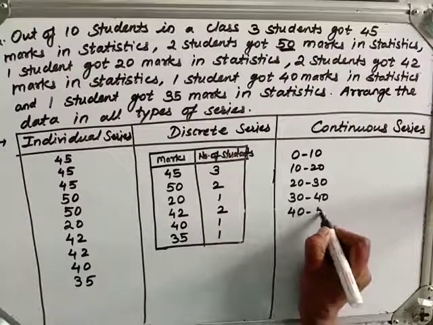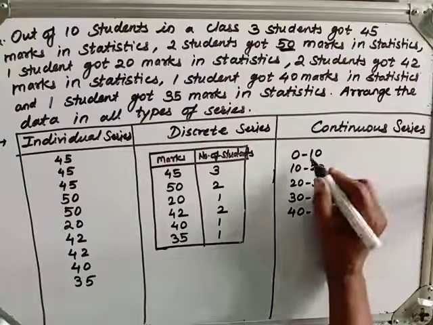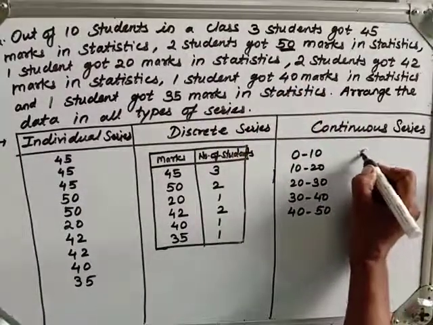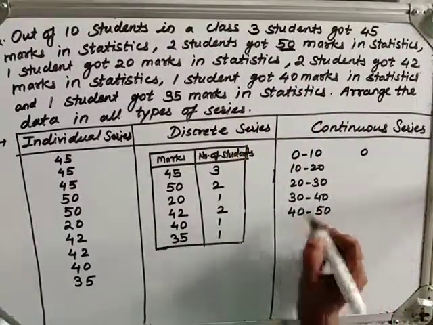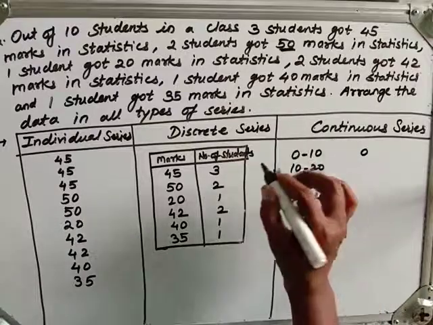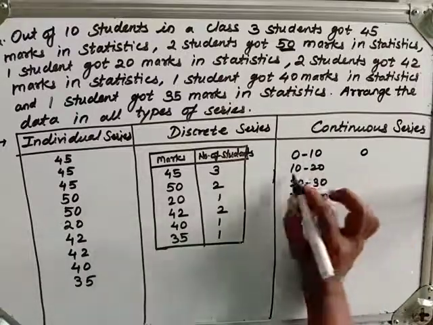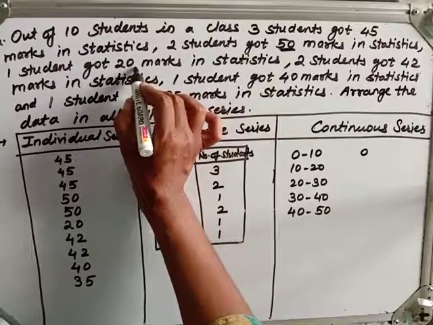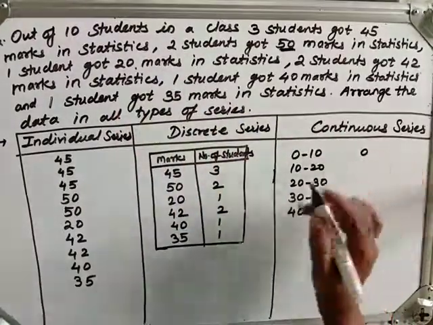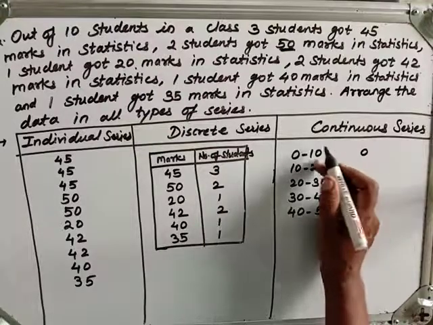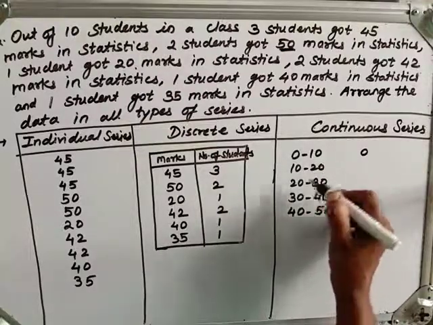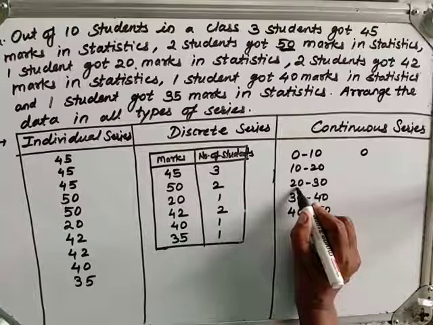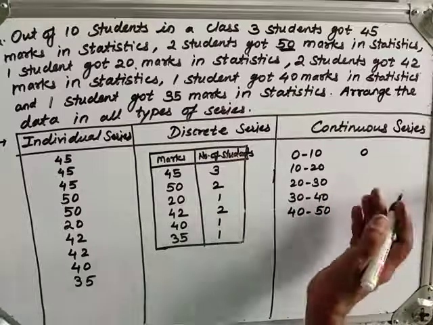Between 0 to 10, not a single student has any marks, so the frequency of that class will be 0. You know the frequency and classes from the previous chapter. Now between 10 to 20, there is one student who has 20 marks, but that 20 is the upper limit here, and these are continuous classes.